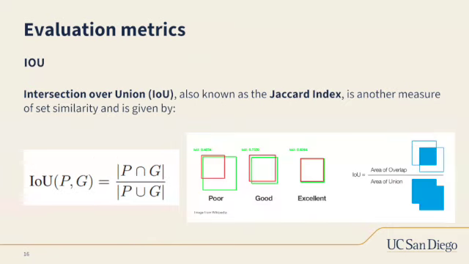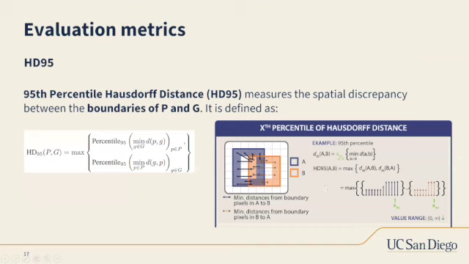The second one is the intersection over union index, which is another measure of similarity, and it's defined as the intersection between the two regions divided by the union of the two regions. The third one is the 95th percentile Hausdorff distance, which measures the spatial discrepancy between the boundaries of the two regions.